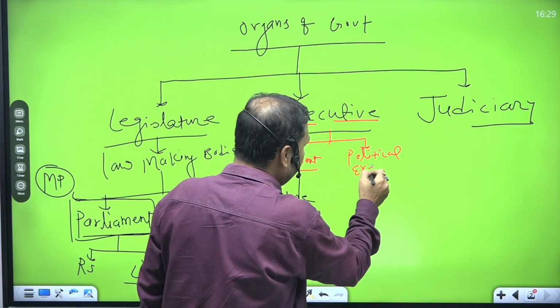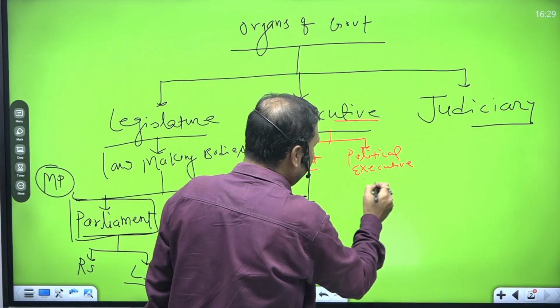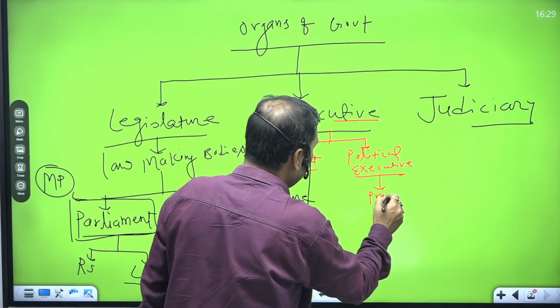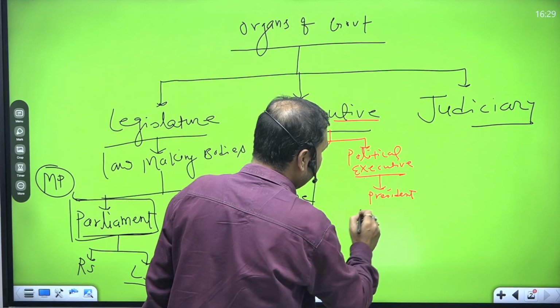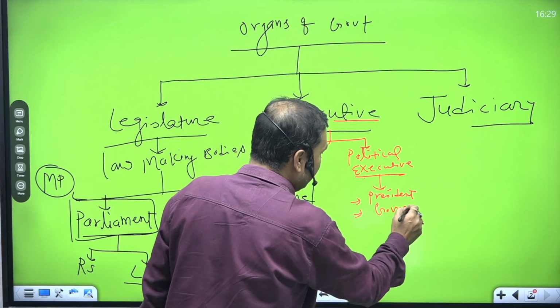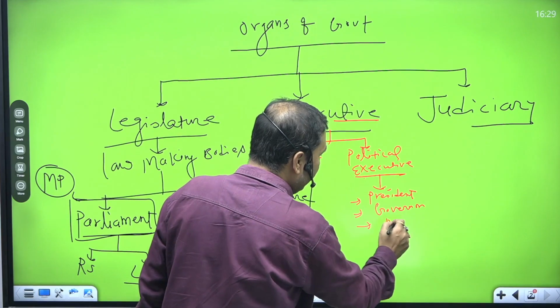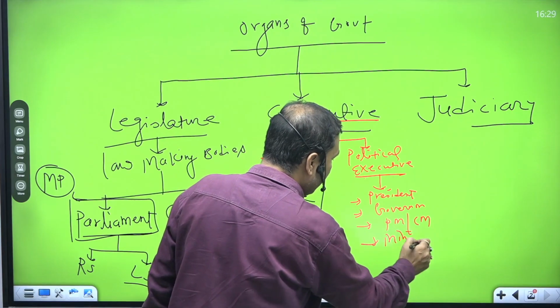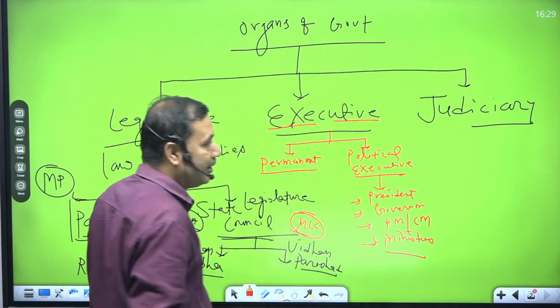The political executive consists of the president, the governor of the state, the PM, CM and ministers. All are the political executive.